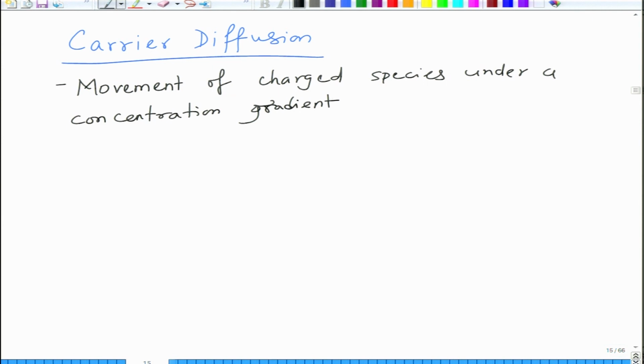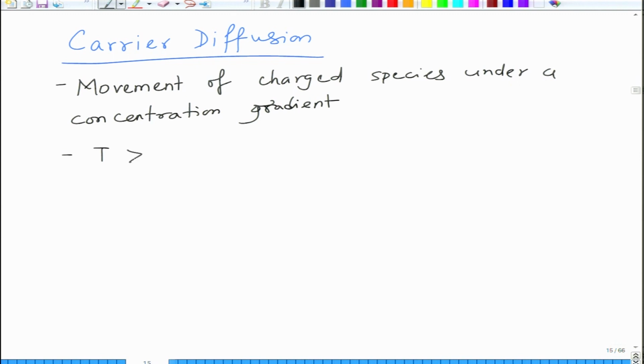Diffusion is basically a physical process in which carriers move from one place to another, and as a result they need to have thermal energy. At T greater than 0 Kelvin, every carrier has some thermal energy, kT.